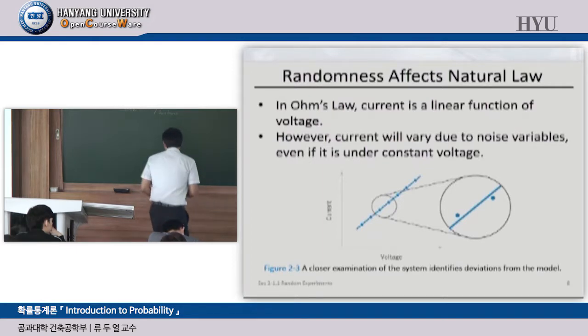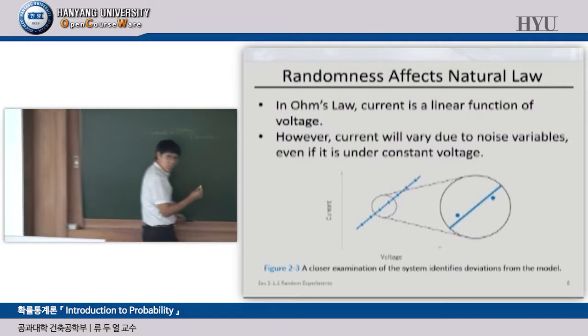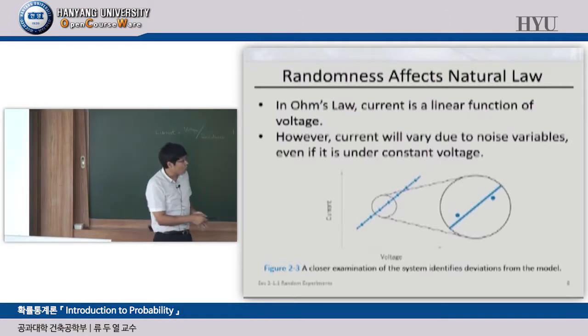So we have to consider the noise variables by using some constant or some equations. In this case, we normally provide the epsilon for taking into account the unknown noise variables.